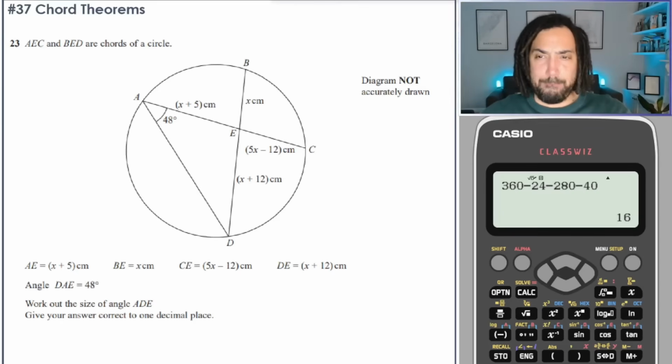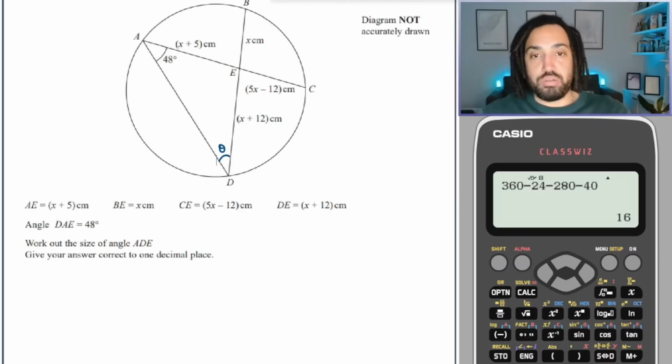Okay, this looks like a beast question, and it is a beast question. It's a 23er. But hey, why not? Let's do it. Work out the size of angle ADE. So we're looking for this angle in here. I'm going to call it theta. And we know our chord theorems go a little bit like this.